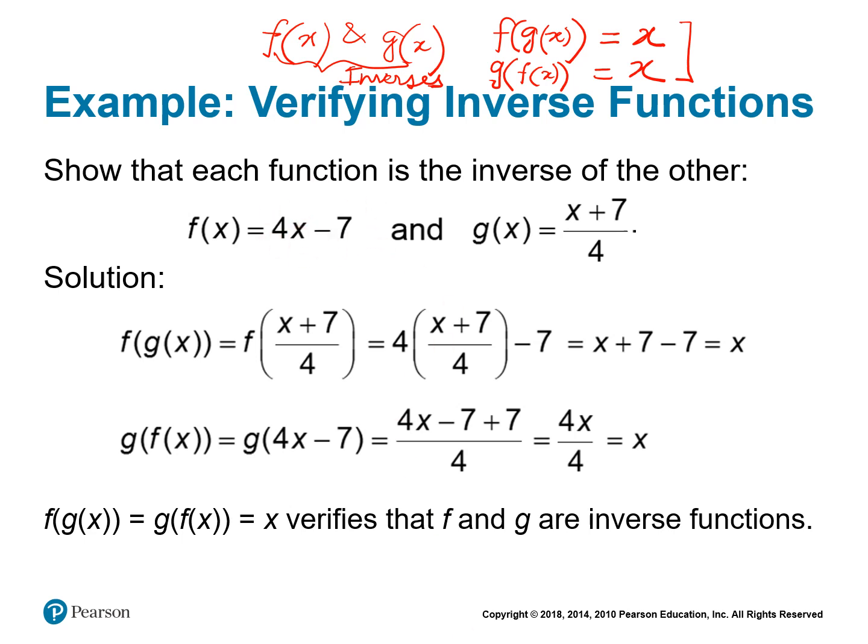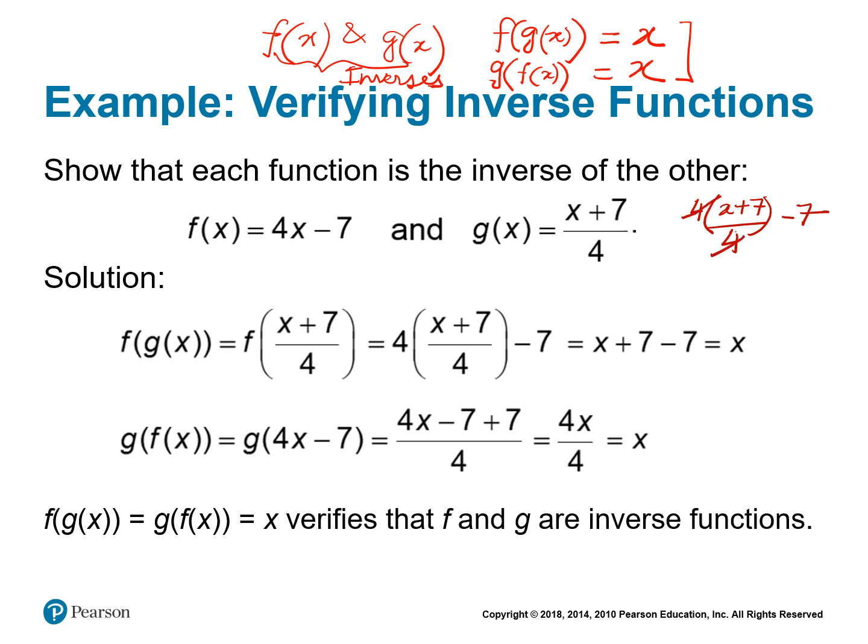So let me work this out and see how they got to x. We have 4 times (x plus 7) divided by 4, minus 7, correct? Minus 7. So 4 and 4 divide.